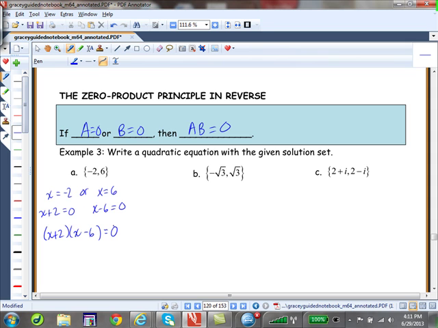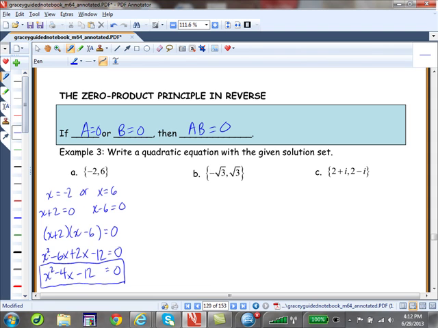And then if I multiply it out to get it in standard form, I'll get x squared minus 6x plus 2x minus 12 equals 0, which gives us x squared minus 4x minus 12 equals 0. So this one works. Believe it or not, there's infinitely many solutions. If you multiplied each term by 2, it would work. Any multiple of this answer is going to work. But this one serves just fine. Don't worry too much about that.